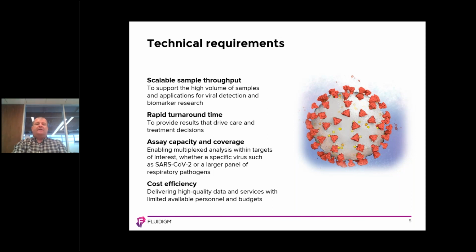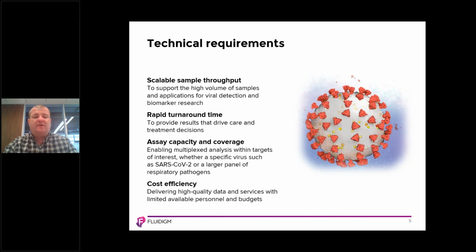It's also important that we're looking at not just COVID-19, but other assays so that we can screen other respiratory markers at the same time. So there's a technical requirement in the community for assay capacity and coverage, enabling multiplexed assays within targets of interest, whether a specific virus such as SARS-CoV-2 or a larger panel of upper respiratory pathogens.